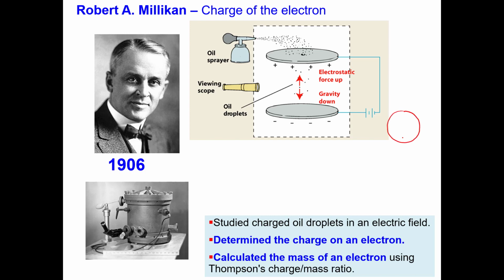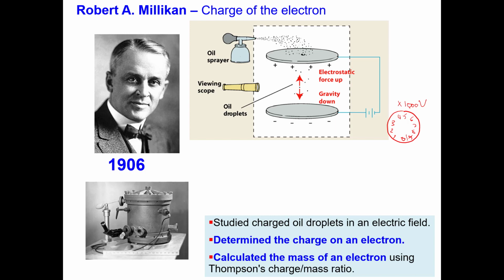Here he has 0 volts, 2, 3, 4, 5, 6, 7, 8, 9, 10. These numbers are per 1,000 volts; each of these numbers is multiplied by 1,000.